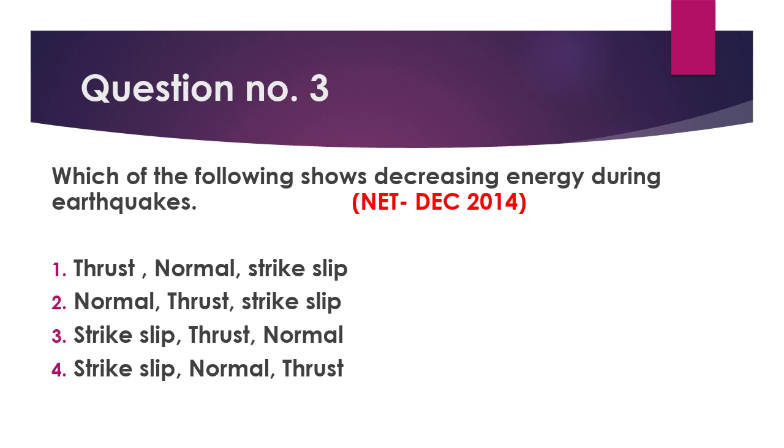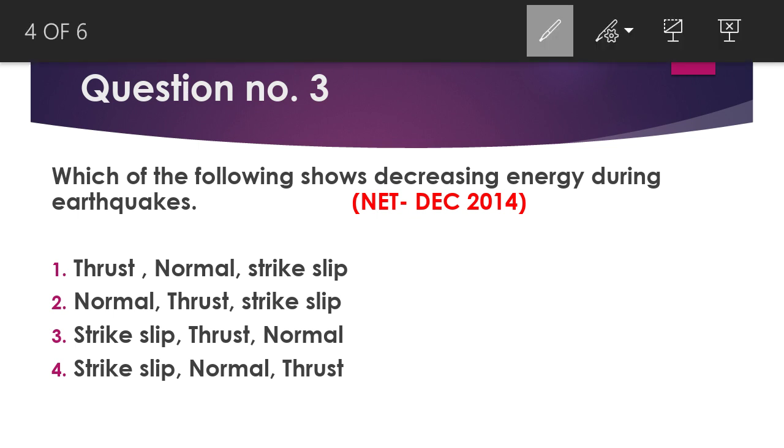Now the third question is, which of the following shows decreasing energy during an earthquake? So there are three types of faults, as you know: thrust fault, normal fault, and strike slip fault. They are releasing energy during the earthquake, but the release of this energy is different for different faults.